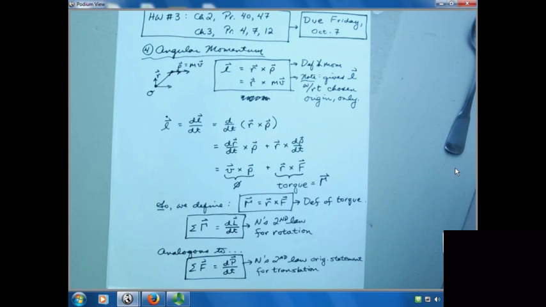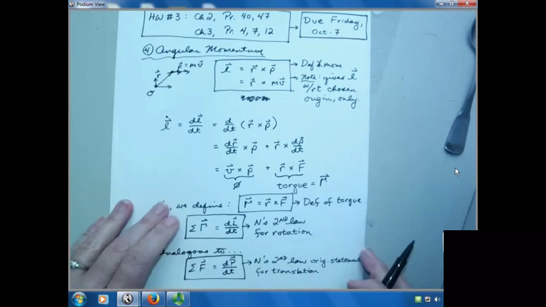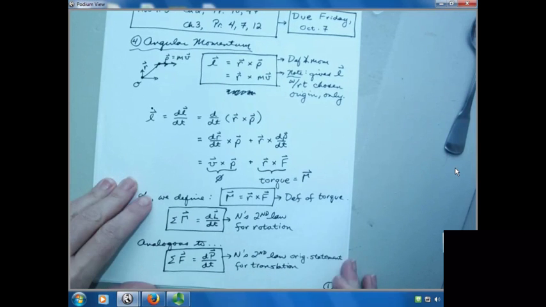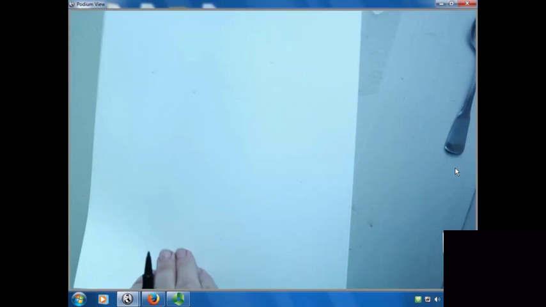But that's just a preview. We'll get there later. Before we talk about finding the rotational motion of an object, firstly, we'd like to talk about the topic of this chapter, which is angular momentum and its conservation.